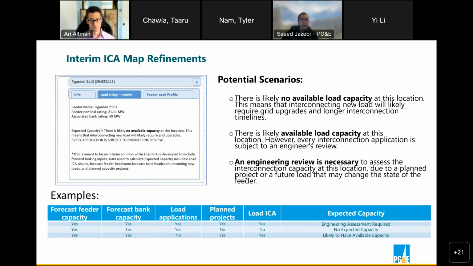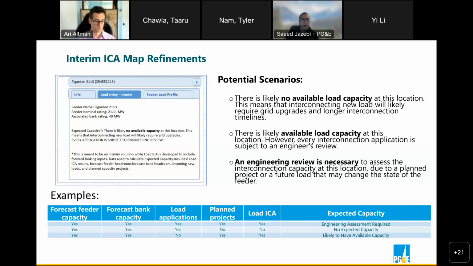So on the left side, we can see a mock-up of this interim solution for our ICA maps. For the people that have used our ICA map before, we'll be adding a new tab to the pop-up box of each line section. This tab will potentially show 3 answers.